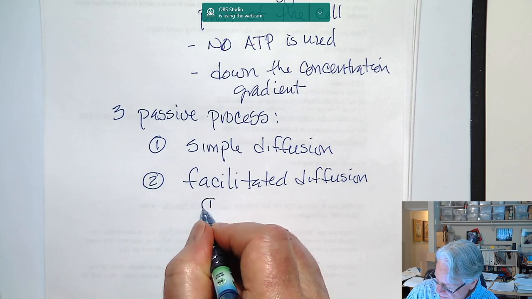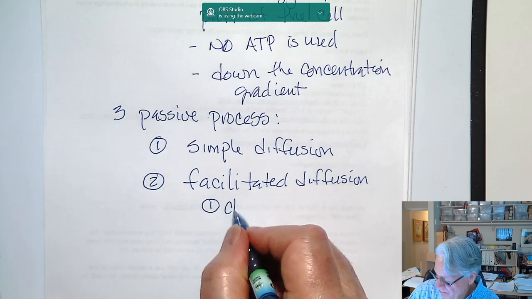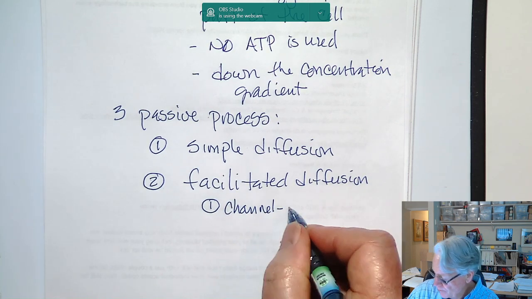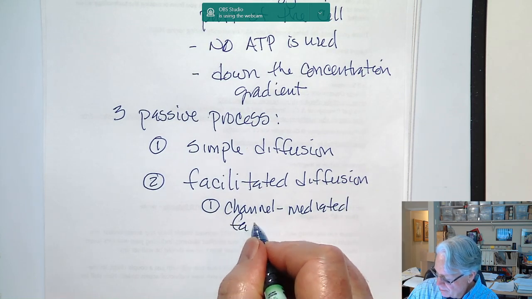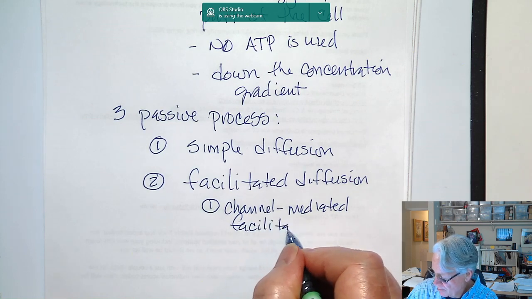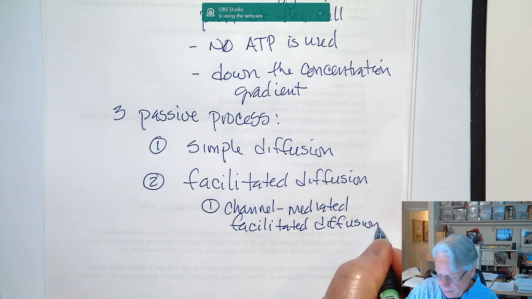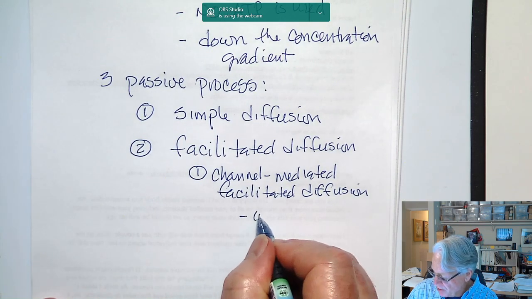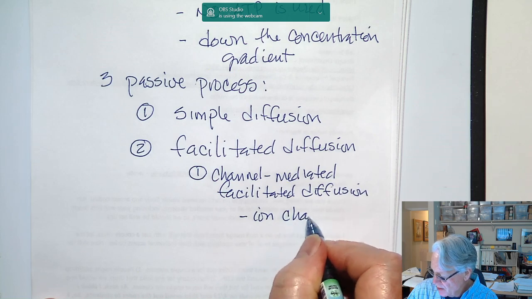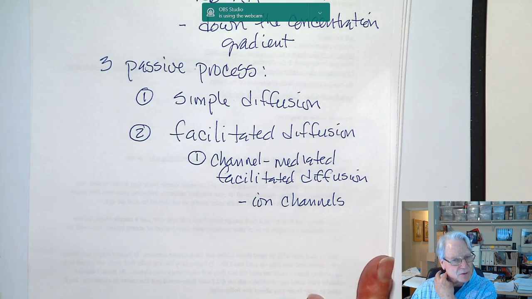They are channel-mediated facilitated diffusion, and typically, though not necessarily always, what we're talking about here are ion channels. The vast majority of things that are moving through this mechanism are in fact ions, and they're moving through what we call ion channels. We'll get into that a little bit more later on.